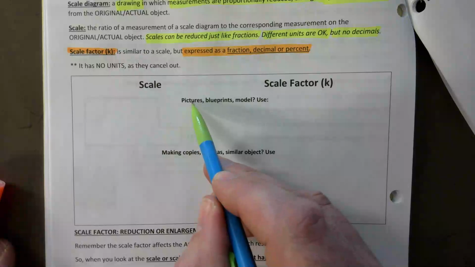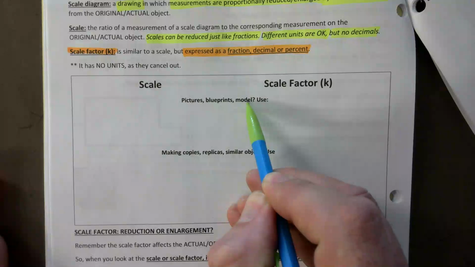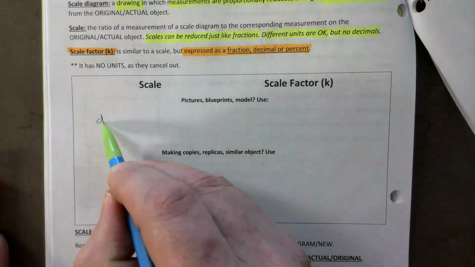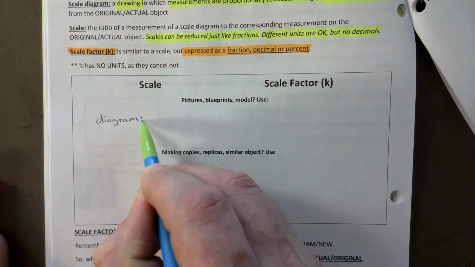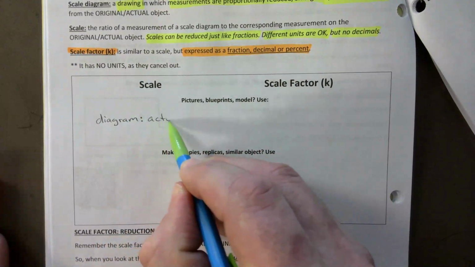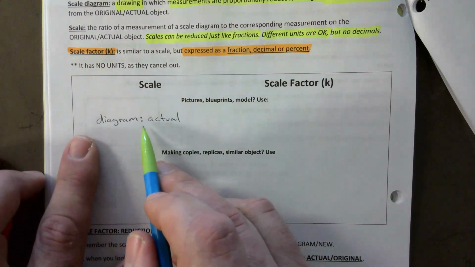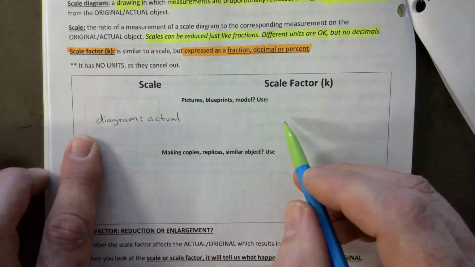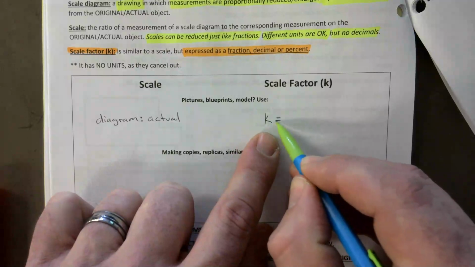So if the question talks about pictures, blueprints, or models, or anything like that, I want you to use diagram and actual. Okay, so a scale is written like that with the colon in between, and the scale factor is more like an equation.